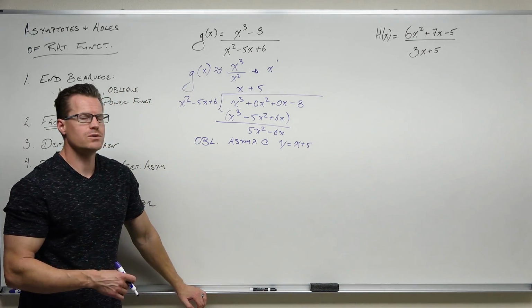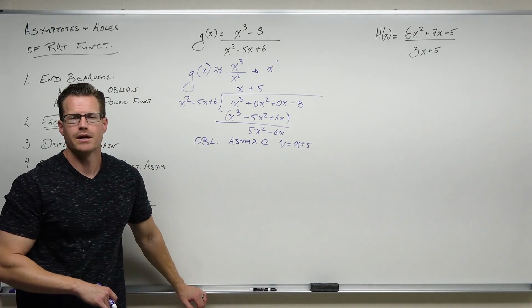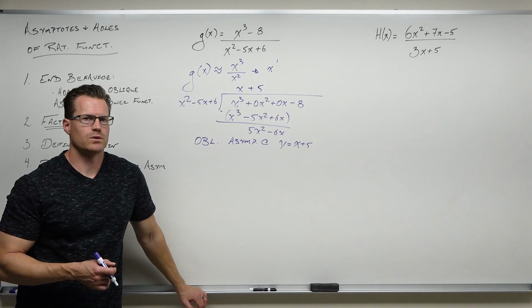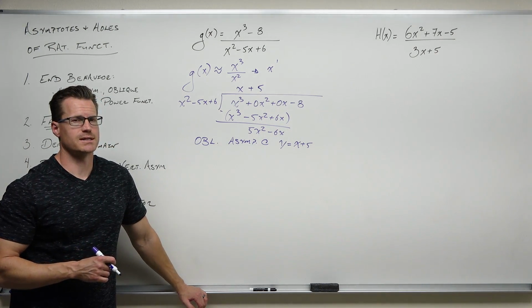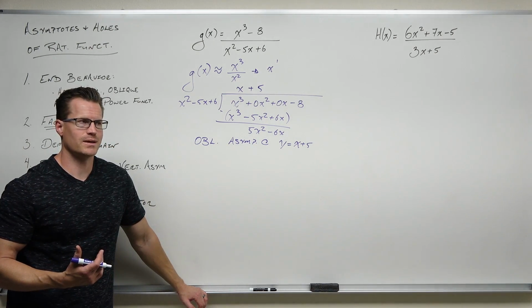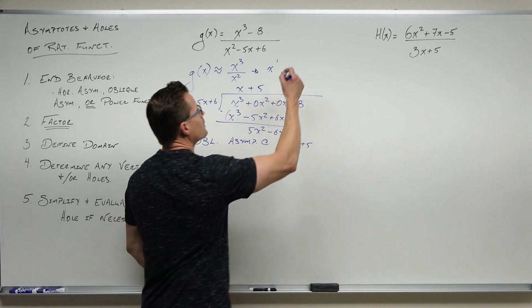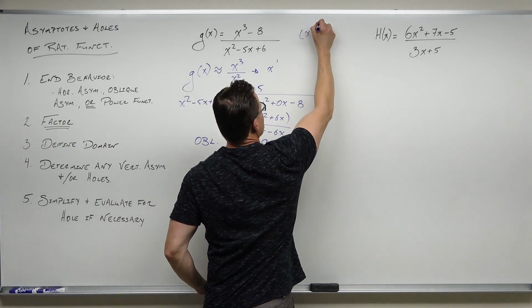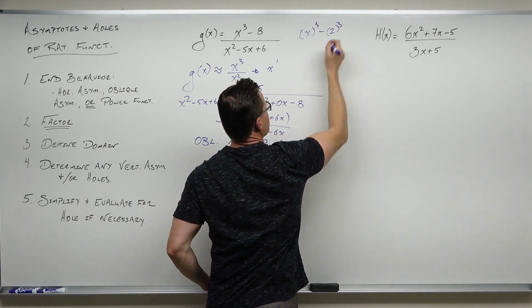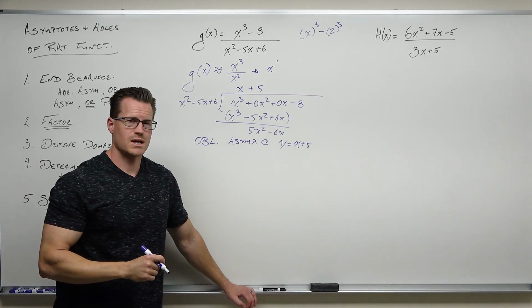The next thing we do is we factor everything. That can be sort of difficult if you don't remember some of the factoring techniques, like x cubed minus 8. Well, that's a difference of cubes. Difference of cubes works kind of funny.